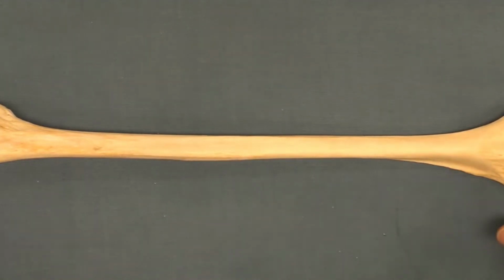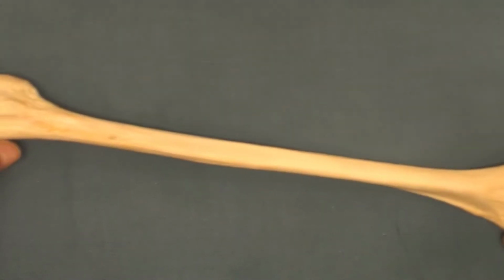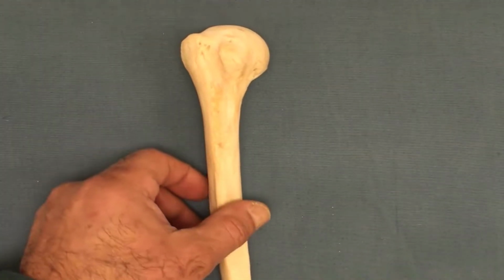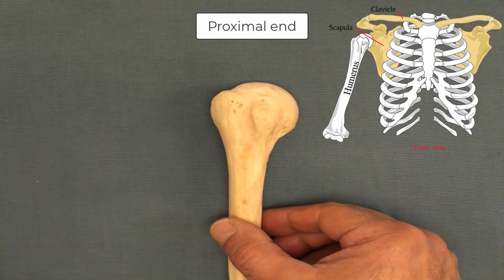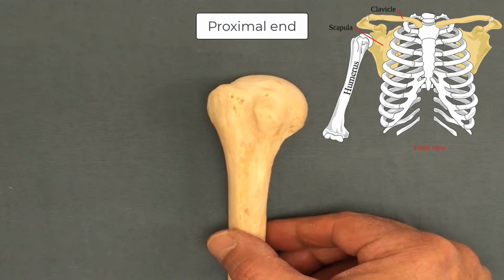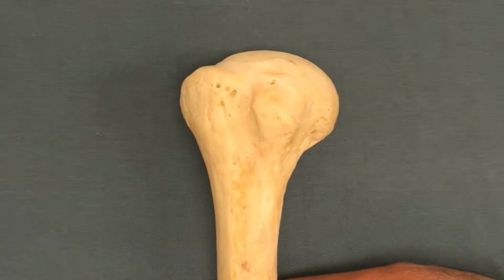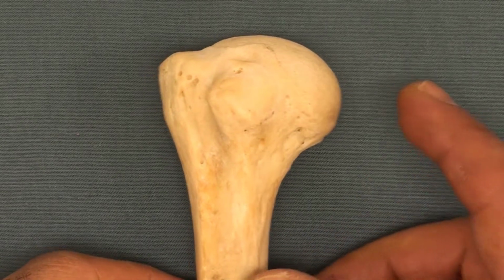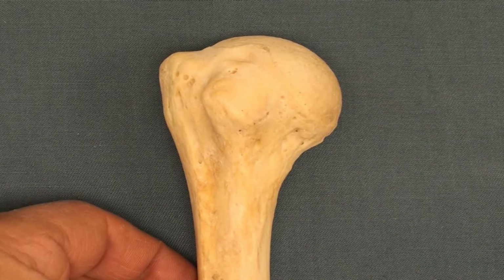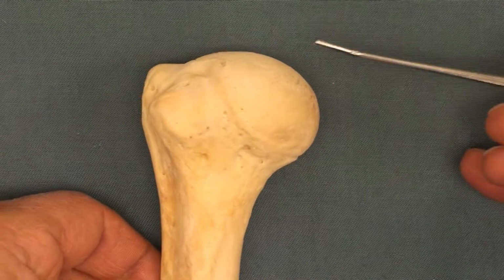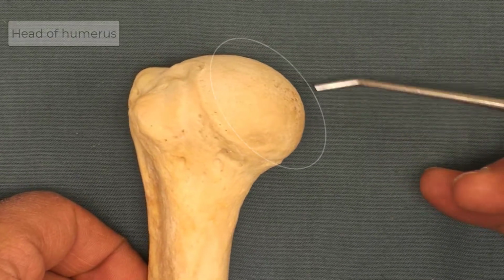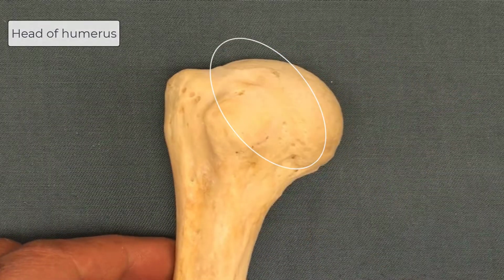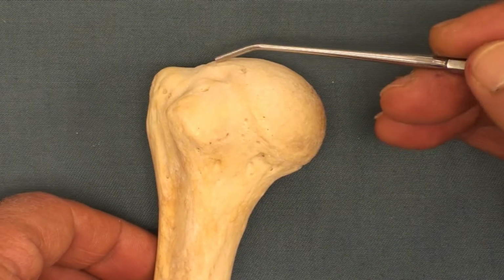Okay, now I'm going to put the bone in the anatomical position, and we're going to go through the upper limb or the proximal end of the humerus. On the proximal end of the bone, we have a round articular surface known as the head. Right under the head, we have the neck.